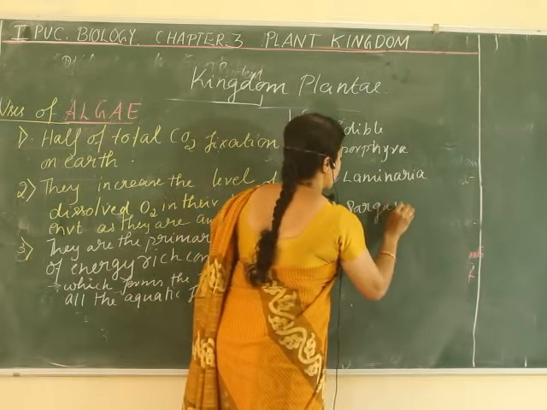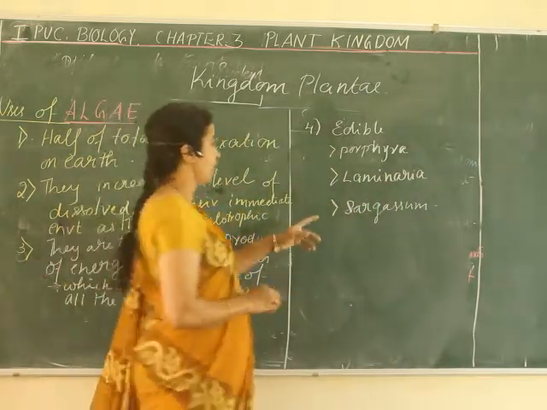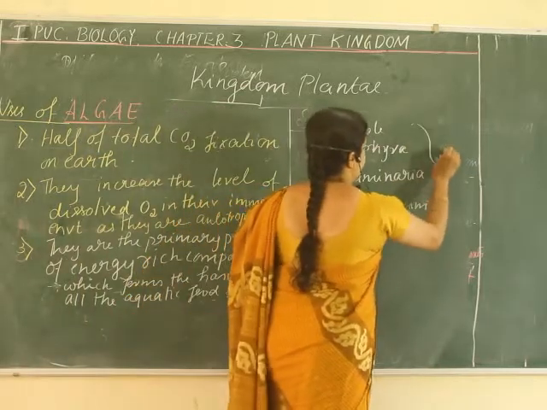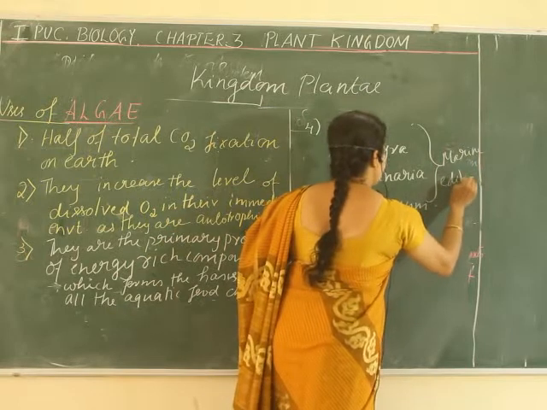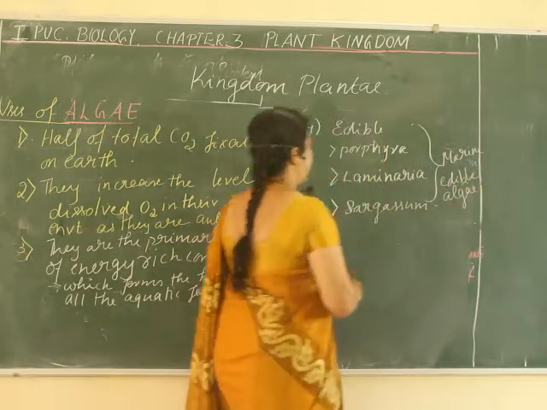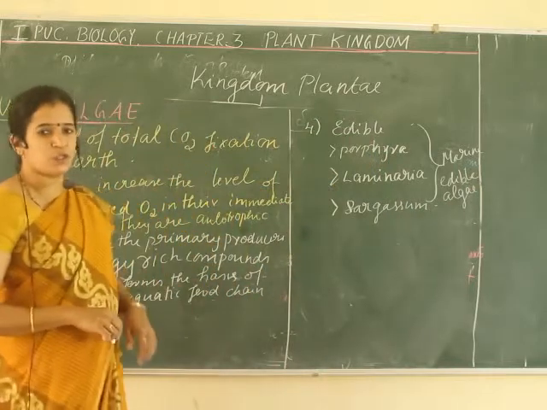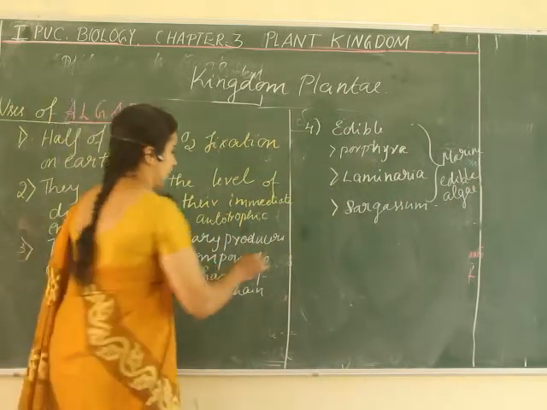These three are marine; they are found in marine water, but they are used as marine edible algae. That means they can be used as food, and they are a very rich source of protein. So they are very useful as food.